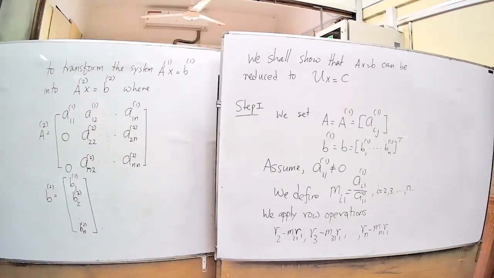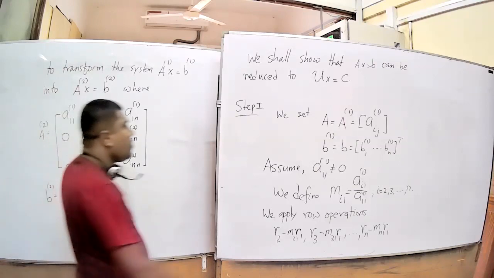But all the other coefficients and the right hand side vector terms are converted into some new terms. So we rename them as a22(2), a23(2) and so on. That means after completing the first step, this is how your system looks like. Now you can write down a general formula for this.